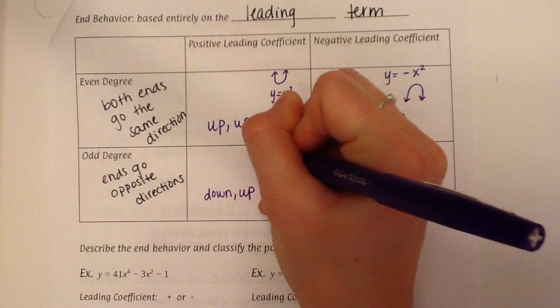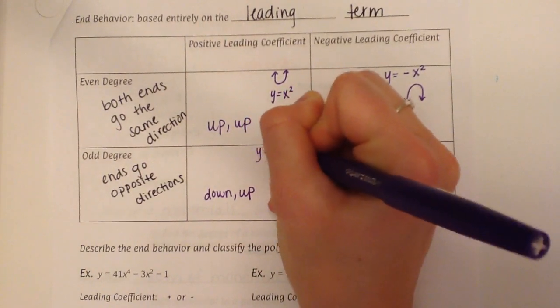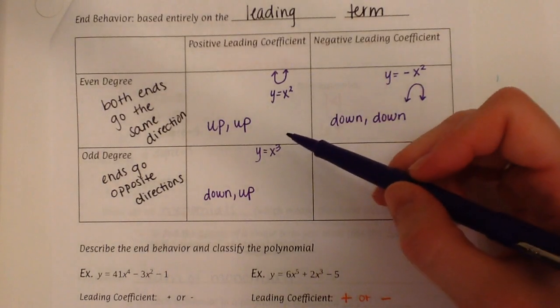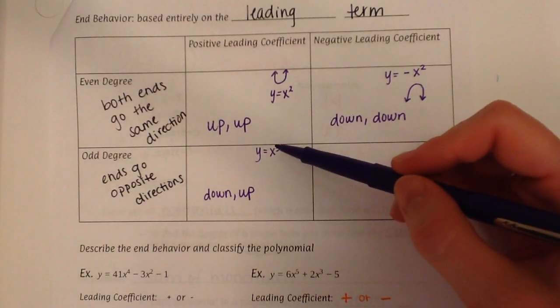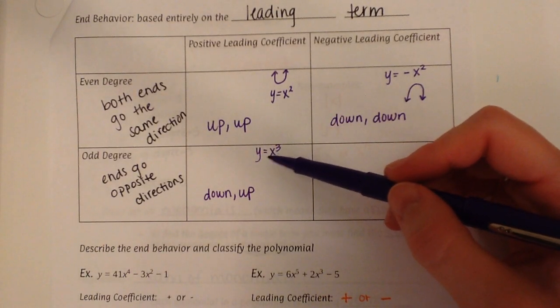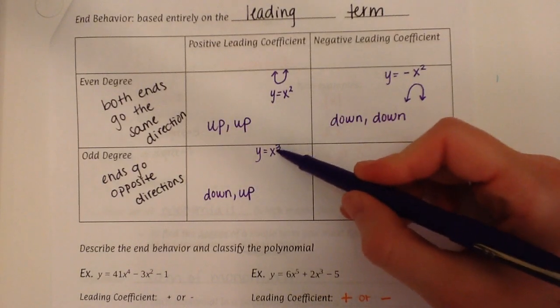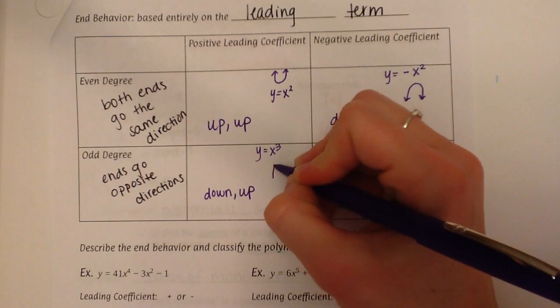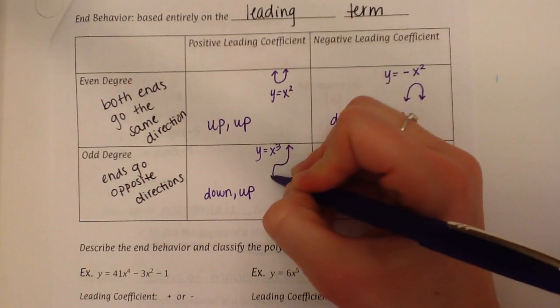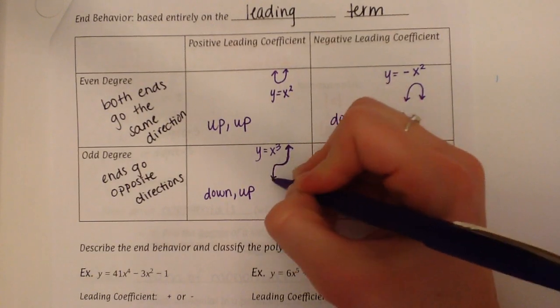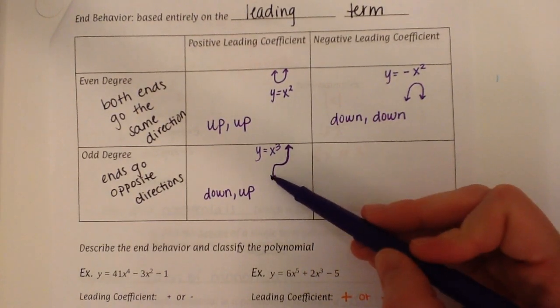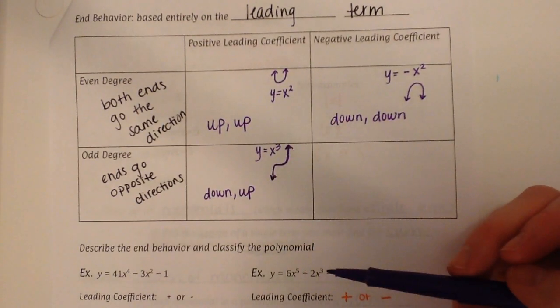So if you have y equals x cubed, the leading coefficient for x cubed is 1, and that's positive, and the degree of this is 3, and that's odd. So if you're going down and then up, you're going to have your little squiggle. So the ends are going opposite directions, you're going down and you're going up.